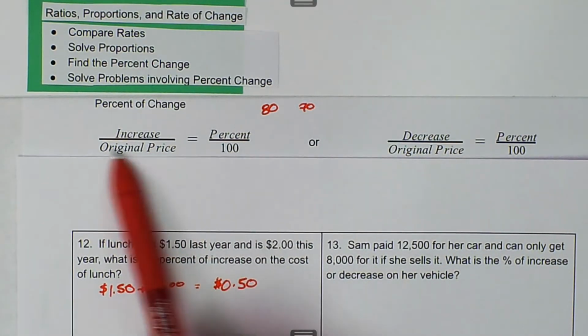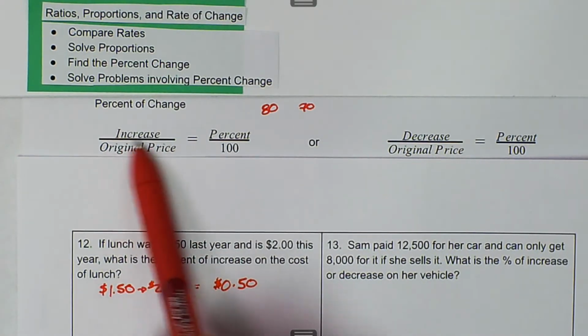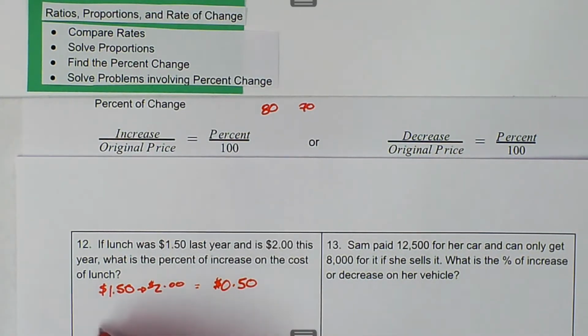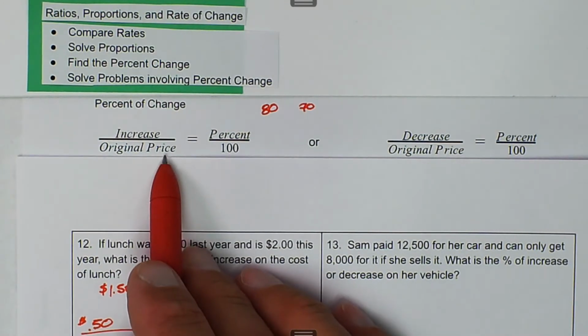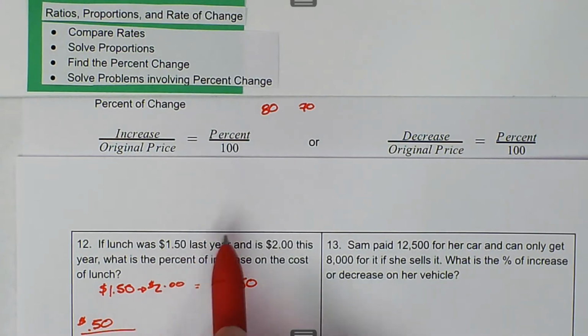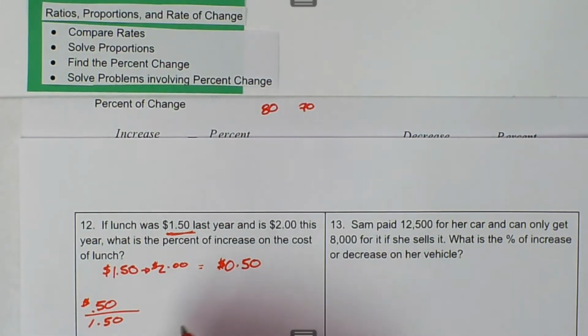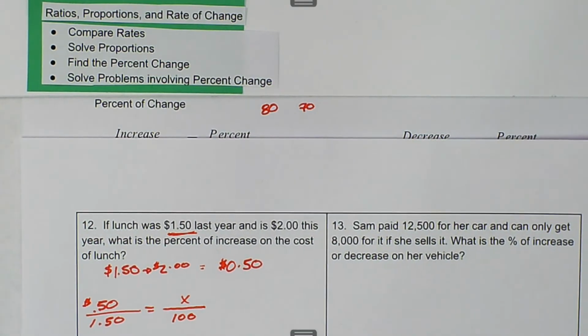It increased 50 cents. In our equation, we want the amount that it increased, 50 cents, and then the original price, which was last year's lunch, $1.50. We set that equal to some value X that we want to find, and we're always going to have 100 written down there.